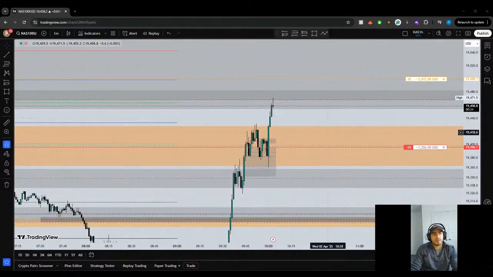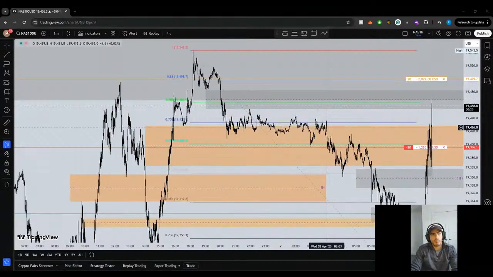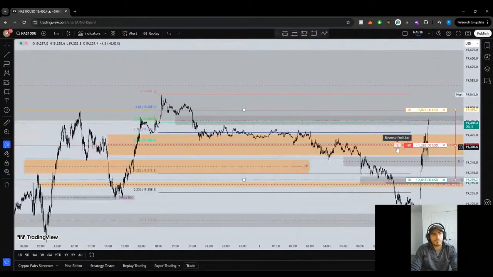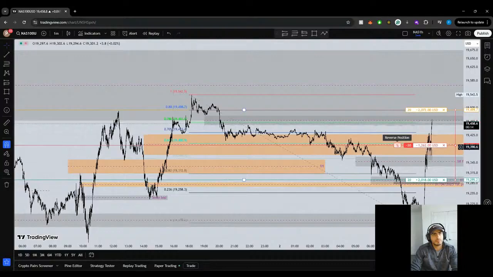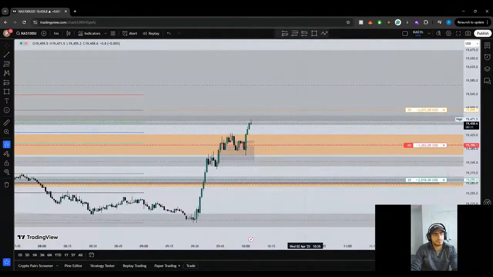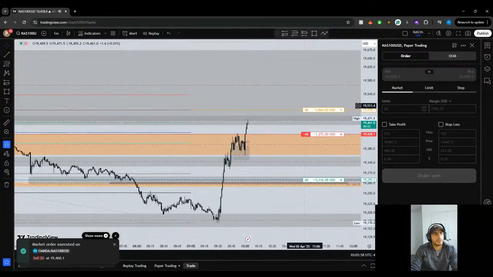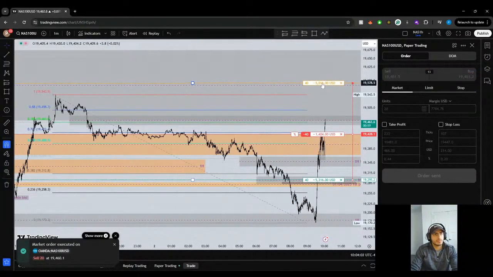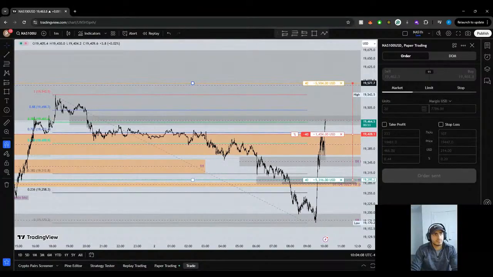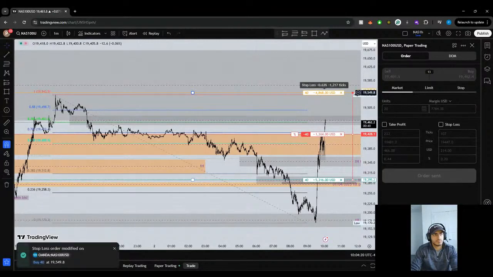I think I'm going to add a position right here at market or right here, raise stops. Raise stops.